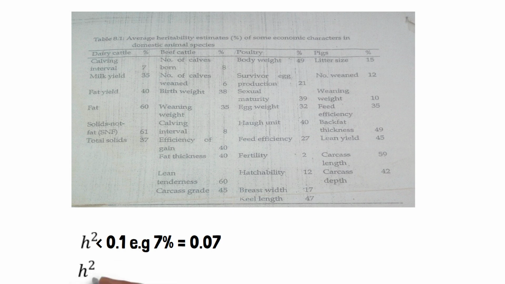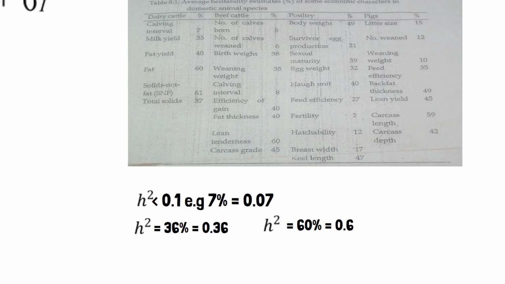The observed effects we see may be just due to environmental noise. Heritability about 36%, that is 0.36, means the trait is moderately heritable. Those with 60% or 0.6 are very much heritable. A selection of the animal by phenotype is justifiable.